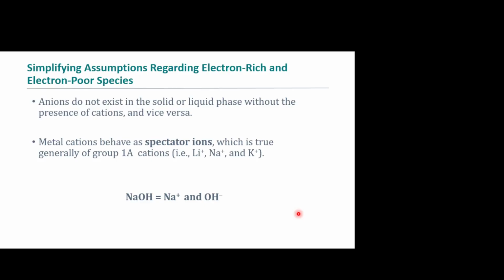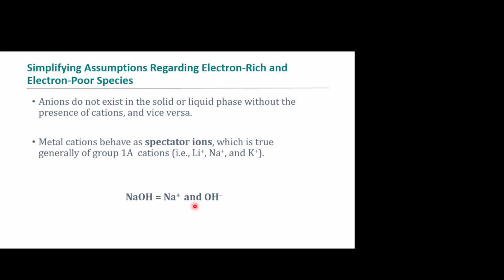Metal cations are typically going to be behaving as spectator ions. This is generally true in group 1A. And so when you see lithium, sodium, potassium, they're typically just spectator ions. They don't really do much because they're the thing that everything steals electrons from all the time because they have some of the worst electronegativities on the periodic table.